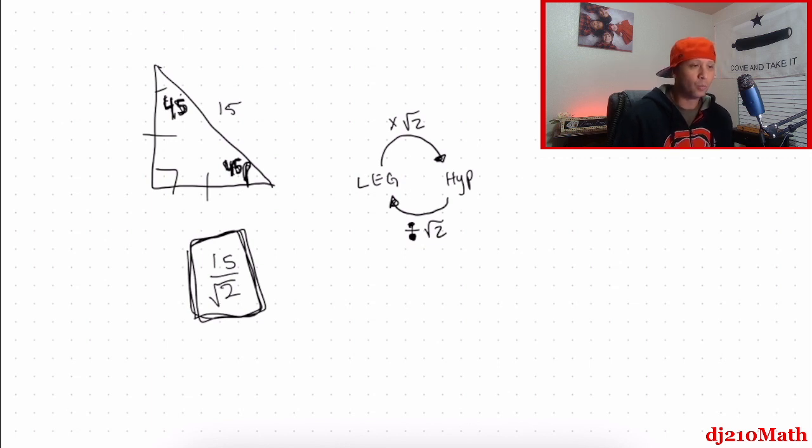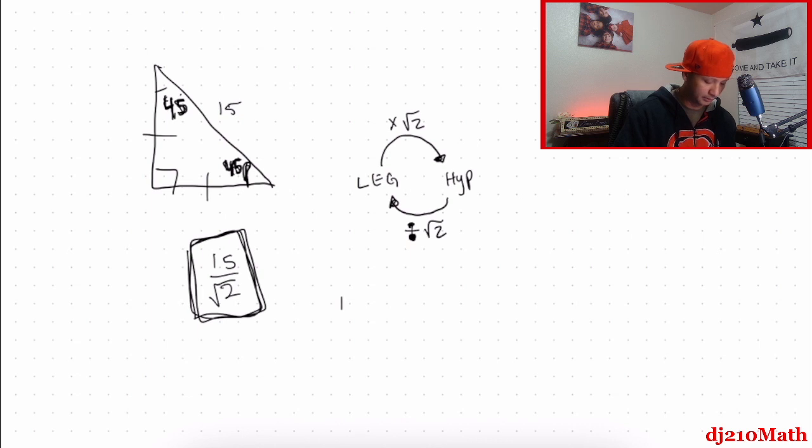However, at this level of math, we don't like leaving square roots in the denominator, the bottom of a fraction. So the idea is we want to rationalize the denominator, meaning we're going to remove the square root from the denominator every opportunity that we get.